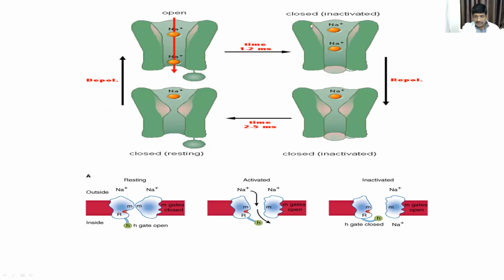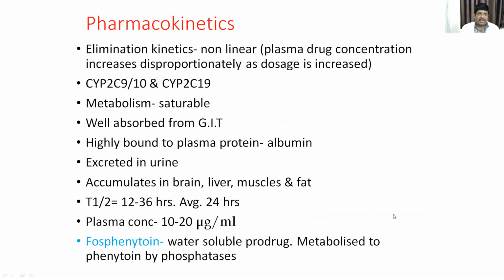So this inactivated channel state is prolonged here. If it is for 1 to 2 milliseconds, it will be there for 4 to 5 milliseconds. Another figure shows this is resting, this is activated, and this is inactivated. So the inactivated state will be prolonged for phenytoin.